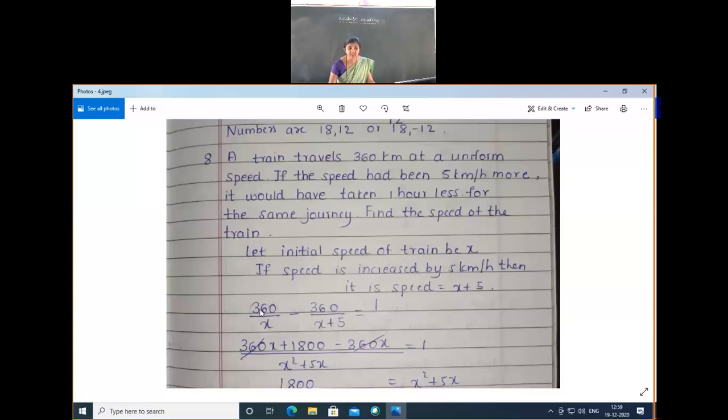That is 360 divided by x minus 360 divided by x plus 5 is equal to 1 hour. This is the time taken at the initial speed, and this is the time taken when the speed is increased by 5 km per hour. So it takes 1 hour less. That's why 360 by x minus 360 divided by x plus 5 is equal to 1.